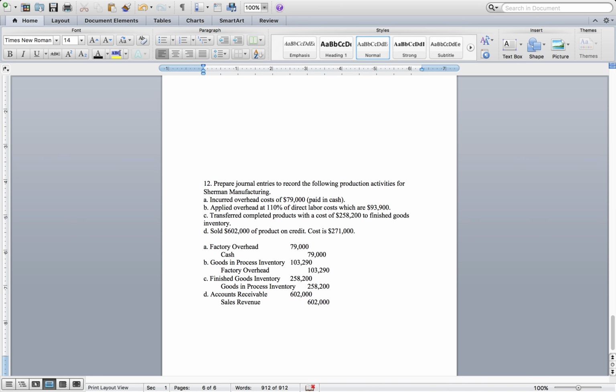One for the sale, and the last one is going to be for the cost. So we're going to debit cost of goods sold, which is the expense. It's 271,000. And then again, where does it come out of? Oh, finished goods inventory. Credit that for 271,000 because you don't have any more. It's being decreased.